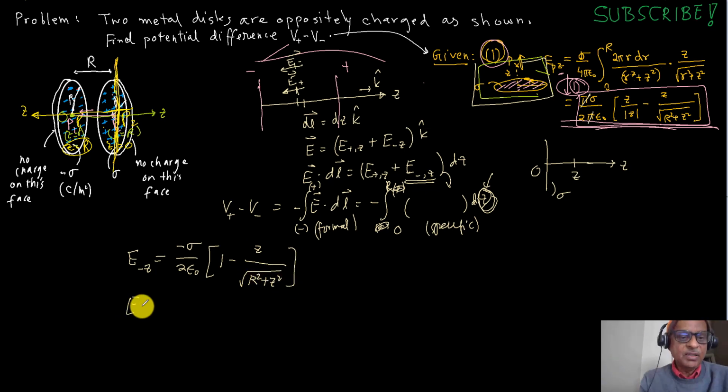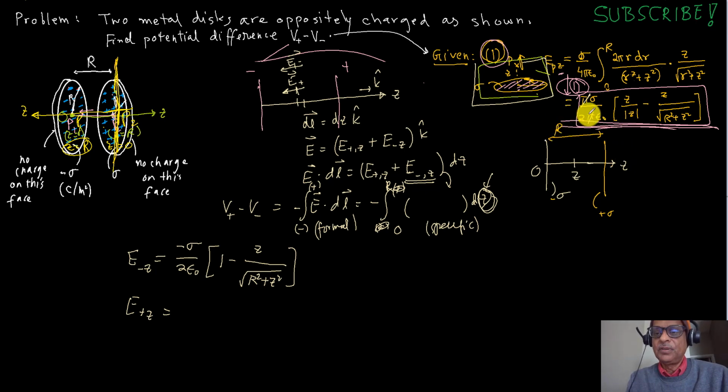How about E plus of z? Now the plus plate is over here, not at the origin. This is minus sigma, and this is plus sigma over here, and this distance is r.